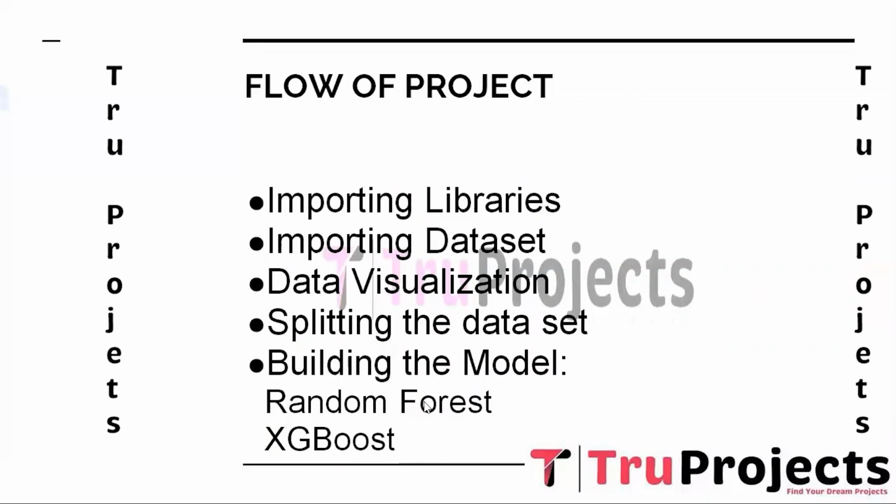The first one is random forest. It is an advanced ensemble learning technique used for both classification and regression tasks. It operates by constructing multiple decision trees during the training phase and then combining their predictions to produce a more robust and accurate final output. Each decision tree in the forest is trained on a random subset of the data and the features are randomly selected for each split, ensuring diversity among the trees.